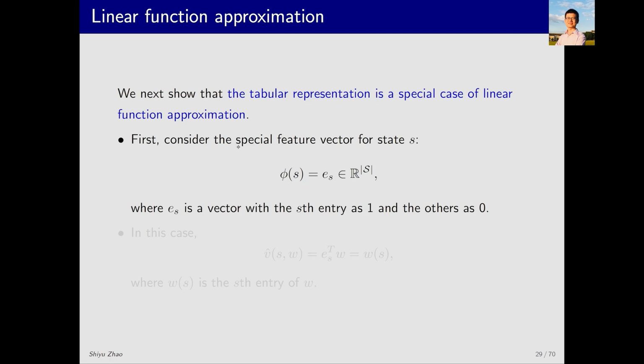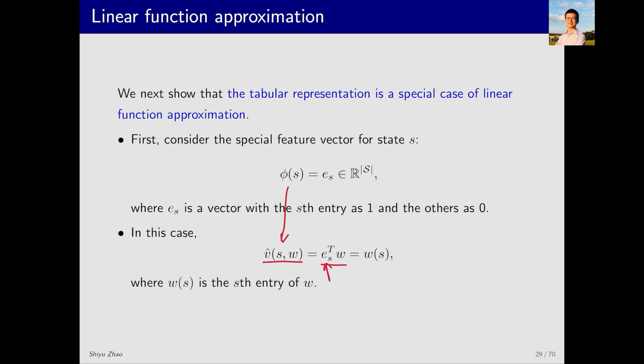First, consider the special feature vector for state s, phi(s) equals e_s, where e_s is a vector with all elements being 0 except for the element corresponding to state s, which is 1. If we choose a feature vector like this, the resulting value function actually becomes a table. Why? If I substitute phi(s) into v hat, it becomes e_s transpose multiplied by w.